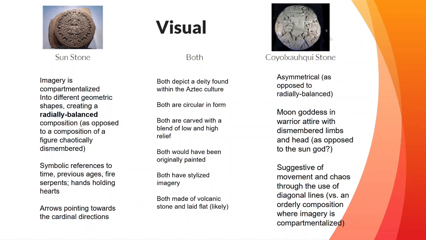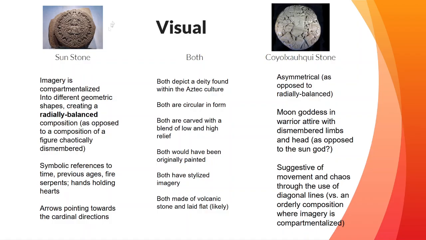Where Coilcoxi is this goddess, a goddess of the moon. In warrior attire, she's dismembered, it's chaotic, it's more about a person instead of time. So it's one god versus all of the cosmos. So the scale of the narrative is a lot smaller in the Coilcoxi stone than on the sunstone.